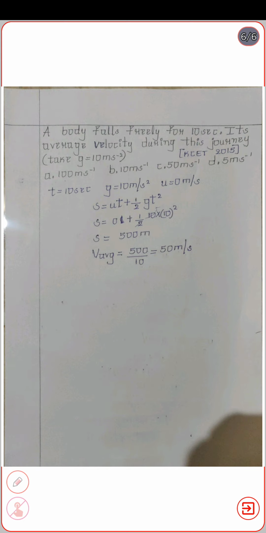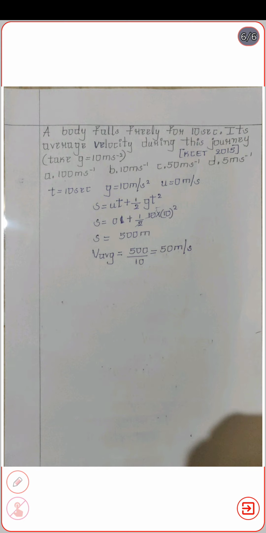The time is 10 seconds and g is 10 meter per second square, and they're asking us to find the average velocity. When a body falls freely, what is the initial velocity? Initial velocity is 0 meter per second. So keep it in mind.